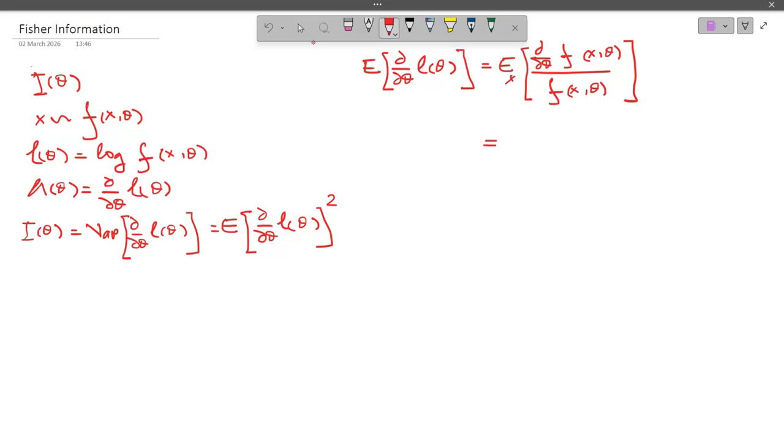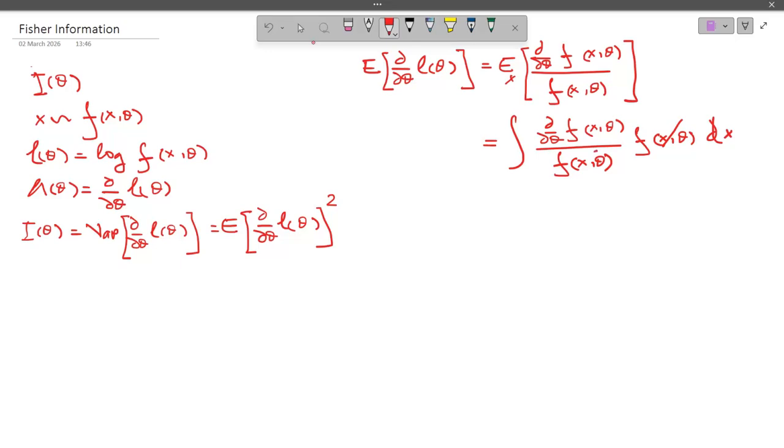If I put the integral, the formula for expectation, this is nothing but del theta f x theta by f x theta times f x theta dx.